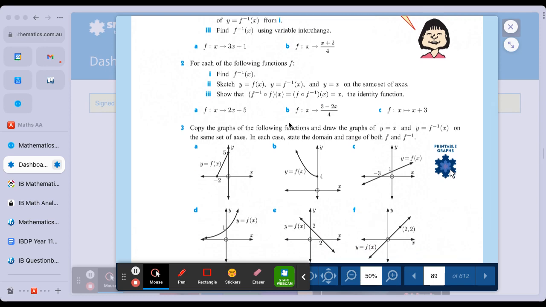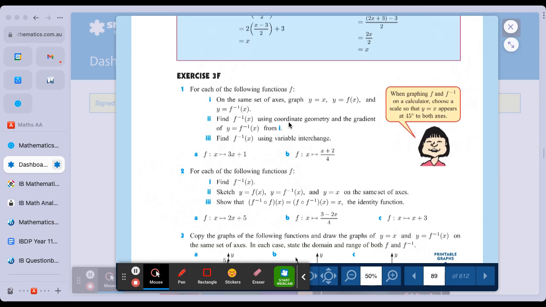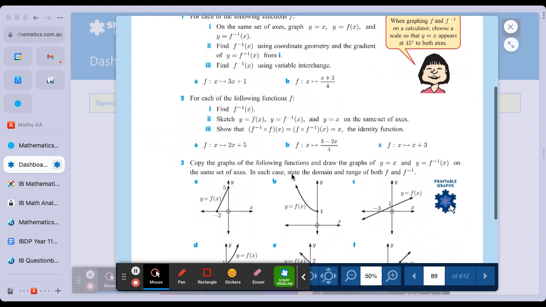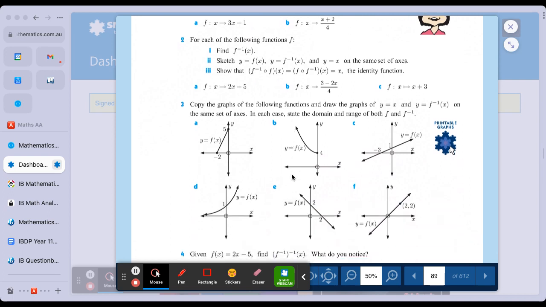Start with question 1, but don't worry about where it says graphing y equals x, y equals f of x, and so on. Just find the inverse for each of a and b here, and a, b, and c here. Don't worry about anything else. And then you can do question 3 onwards. Some of them were definitely inside the course, but maybe outside what you can do right now.